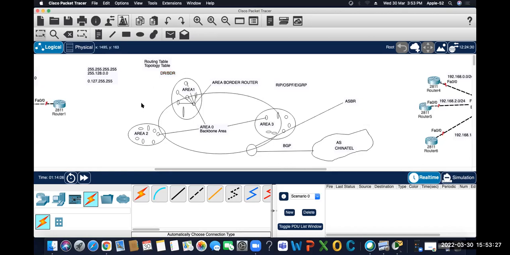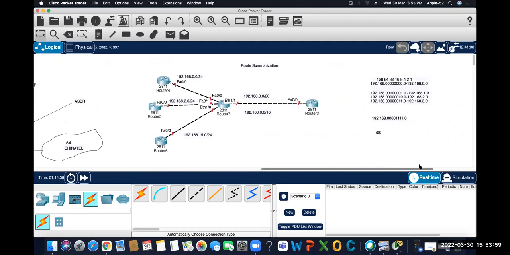An autonomous system means a group of networks that are usually owned by a single administration. For example, Reliance, Tata, telecommunications companies, these are autonomous systems. Why the word autonomous system? Because they can use any protocol from RIP, OSPF and EIGRP within their autonomous system. But whenever their autonomous system has to connect with another autonomous system, then BGP will come into play.